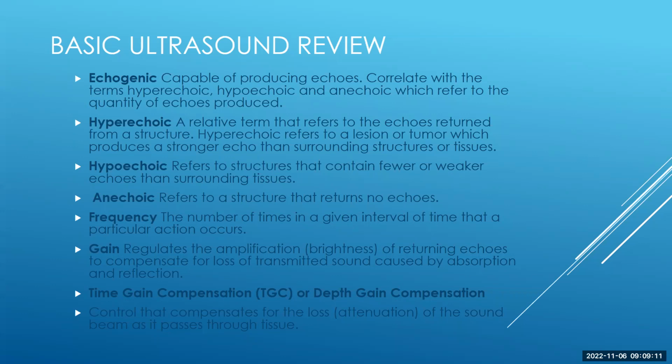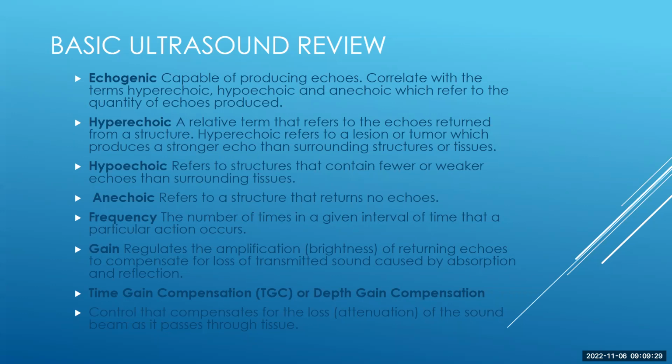And anechoic refers to a structure that has no echoes. We think of fluid filled spaces for that, something like a cyst or a blood vessel. It's going to absorb the sound waves and not return any echoes, and that would be considered anechoic.